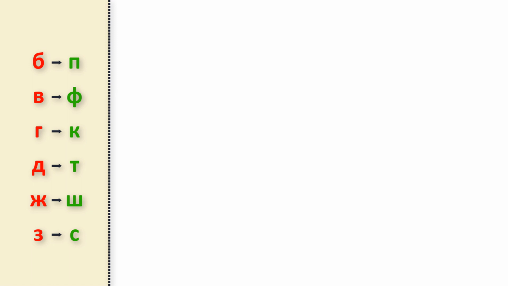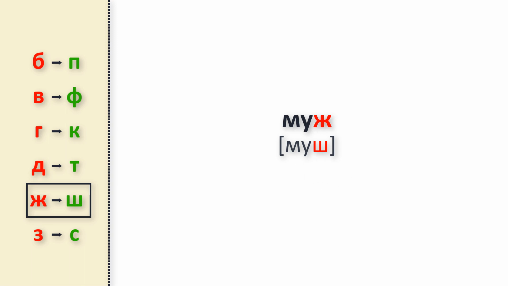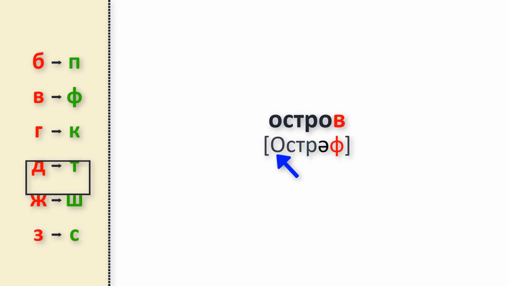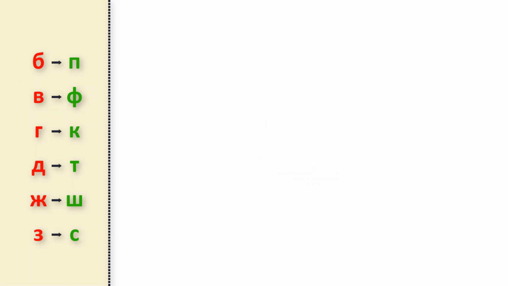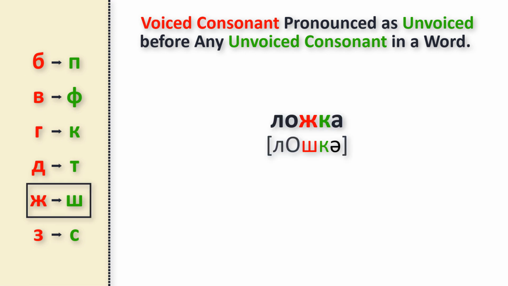Here are more examples. Город, город. Муж, муж. Остров, остров. The same thing happens when the voiced consonant comes before the unvoiced consonant in a word. For example, ложка, ложка.